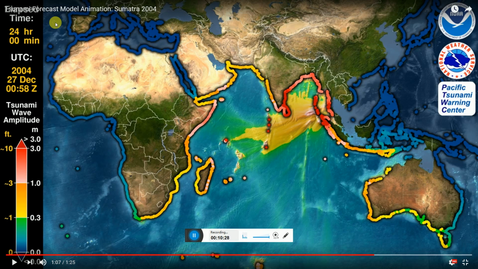Only in some areas did the wave not get into, like the Mediterranean and Black Seas, for example.